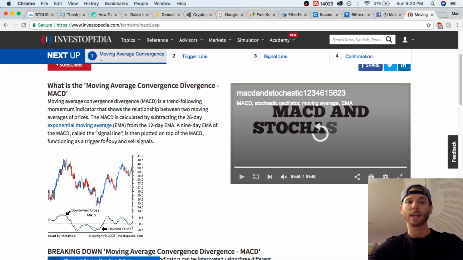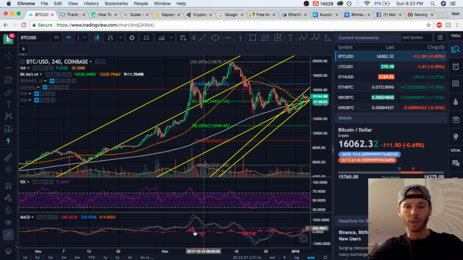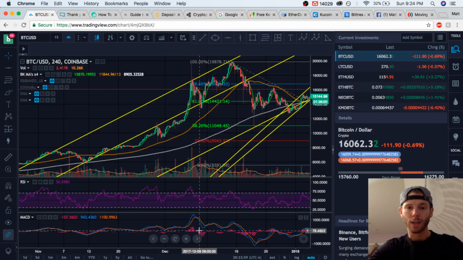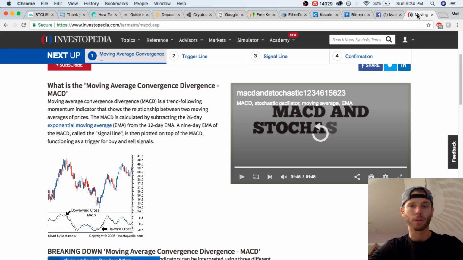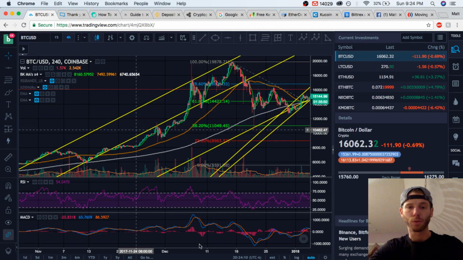Then there's this 9-day EMA that is just sort of a middle line for you in these charts. So as you can see here, guys, that's what this middle line is. The 26-day is this red one, and the 12-day is the blue one.